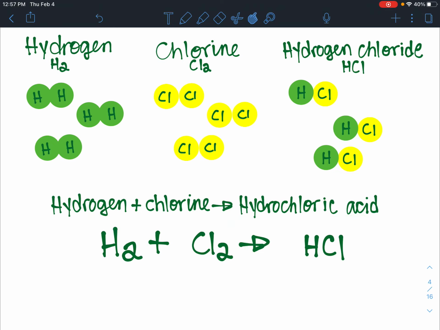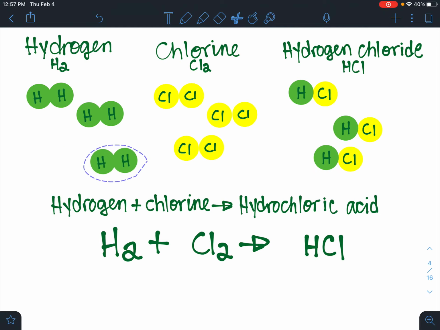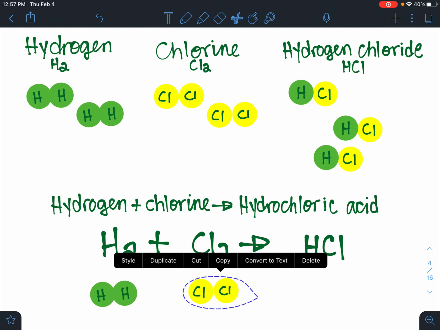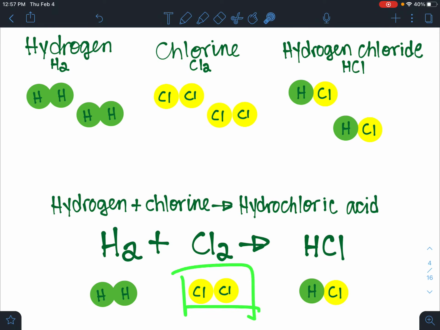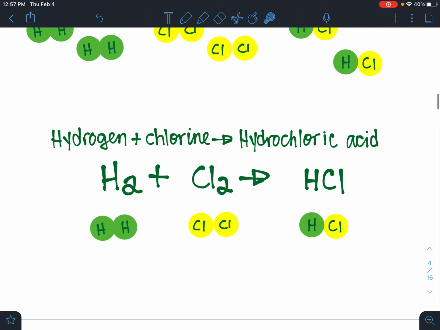If we have an H2, which is right here, plus a Cl2, which is right here, and it yields HCl, we can see right away that we have two green circles on the left, but only one on the right, and two yellow circles on the left, but only one on the right. If we were to combine H2 and Cl2, we would actually get two HCl molecules.